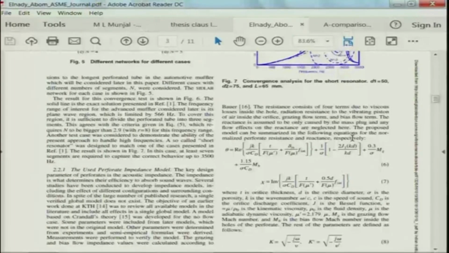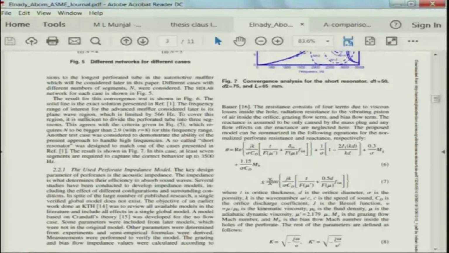In such a situation grazing and bias flow can occur simultaneously, and determination of these things is not trivial. It is a research problem in itself. In such a situation this formula is applicable, but it is also applicable in other simplified situations like CTRs, where you just have grazing flow, or you can also have a cross flow in the other configuration that I just briefly talked about.